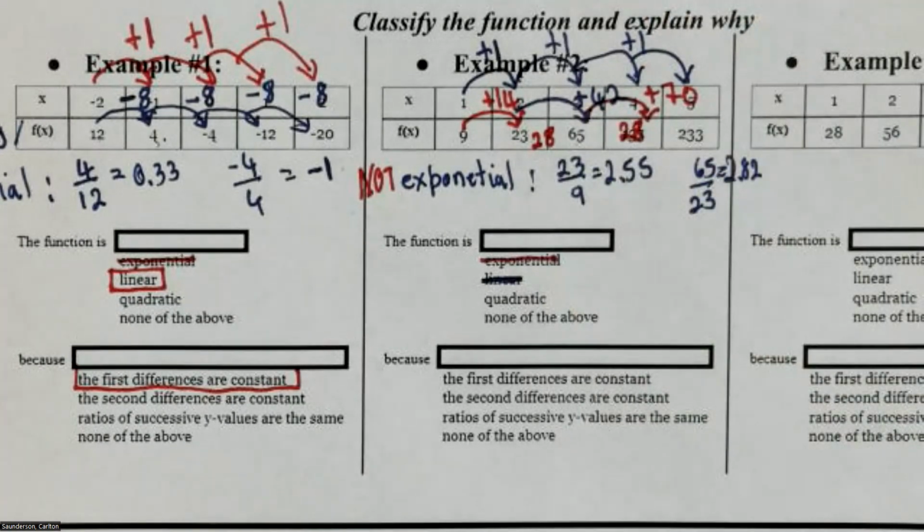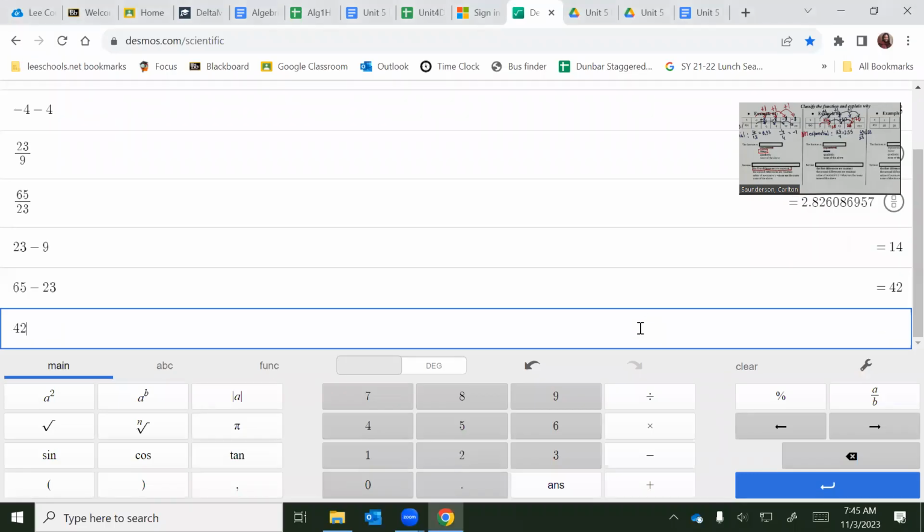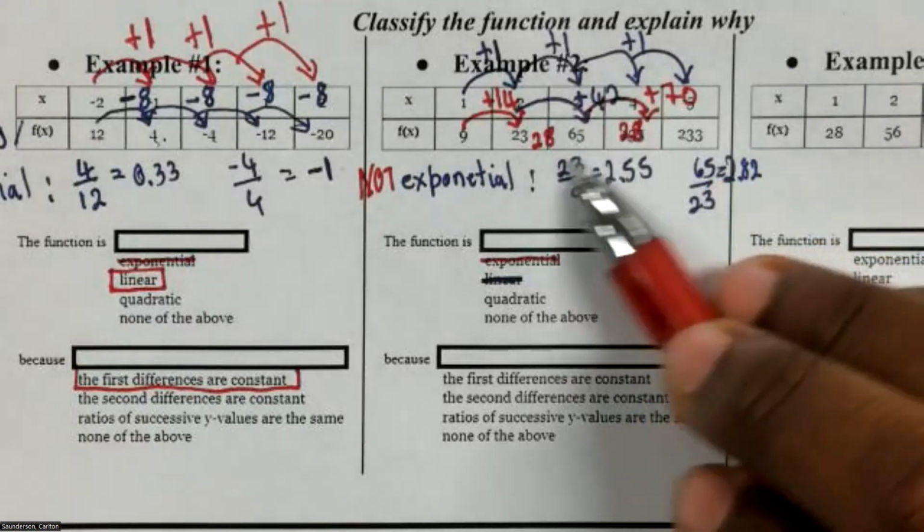If you did not know that by just looking at it, you could put in your calculator 42 minus 14, and we got 28, and then you would put 70 minus 42, and we got that same number.